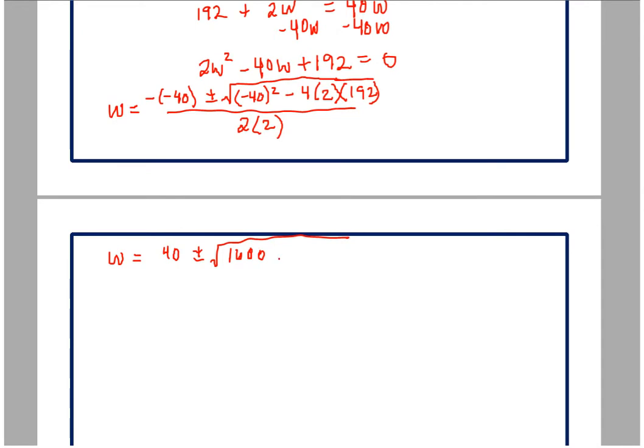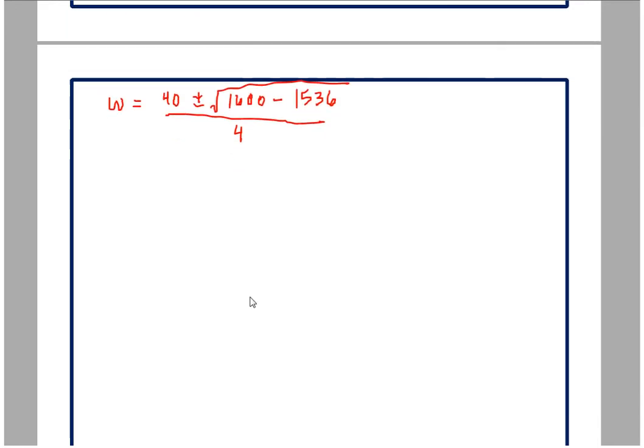And then we have minus 4 times 2 times 192, which is 1536. And that's all over 2 times 2, which is 4. Okay, let's do the subtraction in the square root. So that gives me 40 plus or minus the square root of 1600 minus 1536, which is 64.